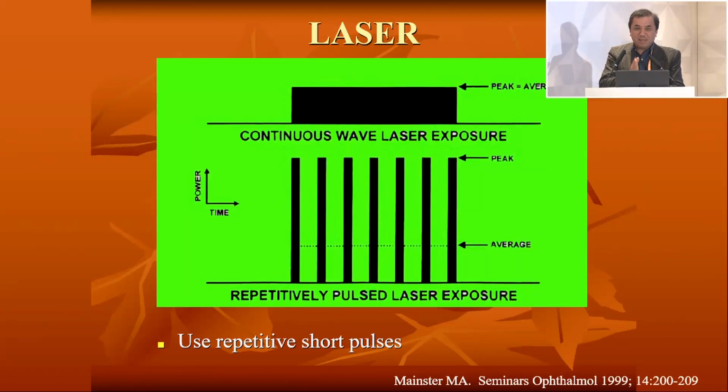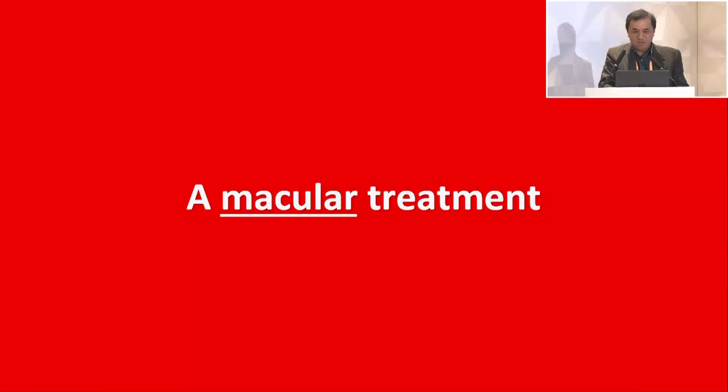So this will allow you to actually concentrate on the RPE, and the heat will not rise up, and you can avoid having that lateral expansion and the vertical expansion of the heat wave.